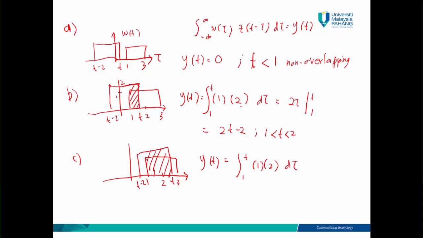So actually it's the same as condition B. So the answer equals 2t minus 2 for t in between 2 and 3.